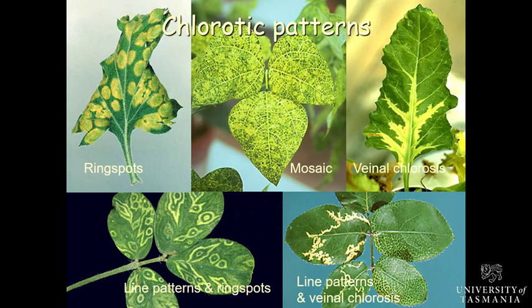You know, ring spots, some of those can look quite nice. Not if you're trying to grow it as a crop. This peanut has a very pretty disease. It just doesn't produce any peanuts. There's a rose bush with a virus. The mosaics.